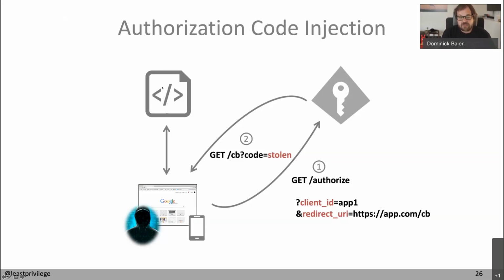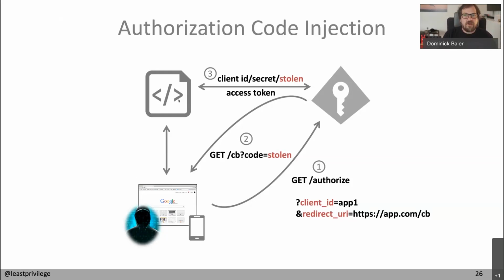And what will the client do? He will happily take that stolen code with the client ID and the secret and turn it into access tokens. These access tokens are not available to the attacker directly, but the attacker is now logged in as the victim into the application and can do whatever the application can do. And I guess in most cases, that's good enough.